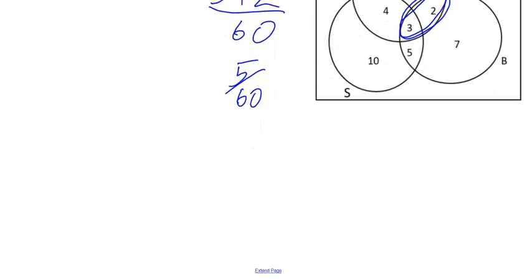So 5 divided by 60 is 8.33%. There we go. Let's round our percents to 2 decimal places.